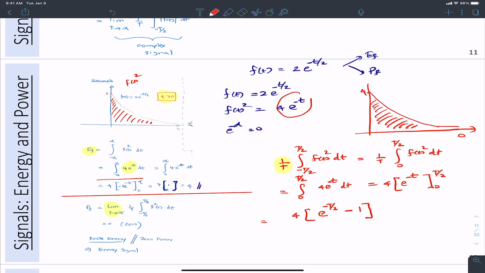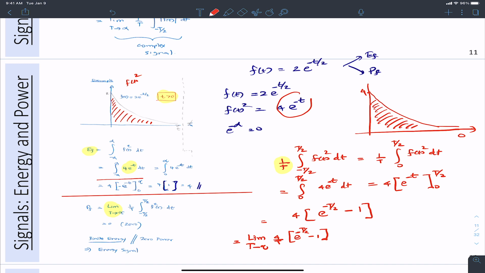So let me bring it back. So it's going to be limit t tends to infinity 4 over t times e to the power minus t by 2 minus 1.